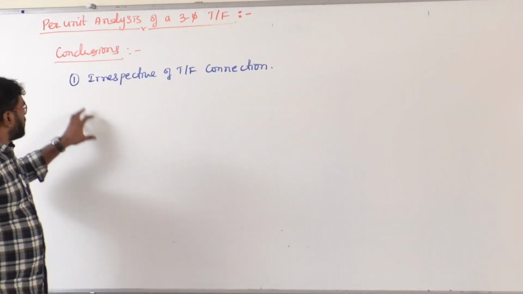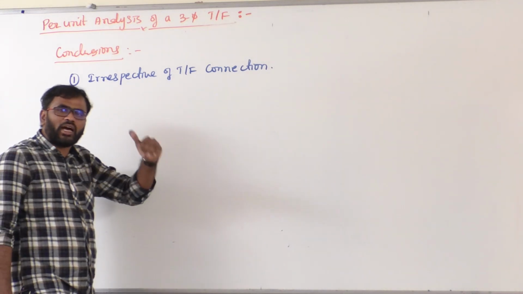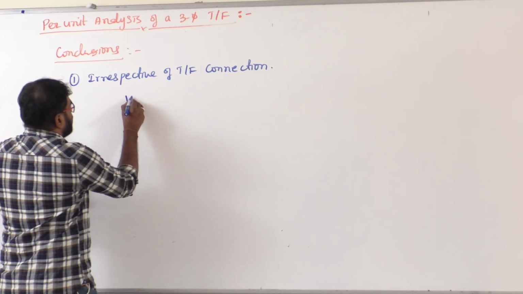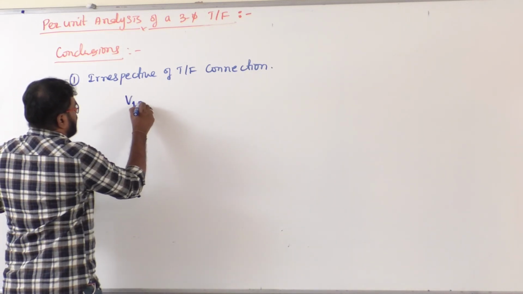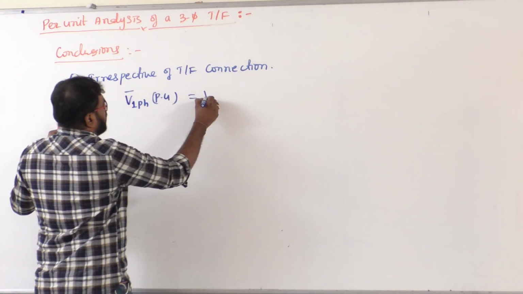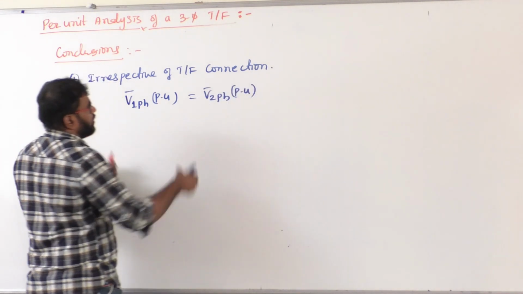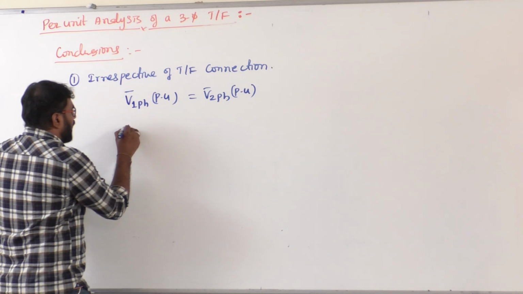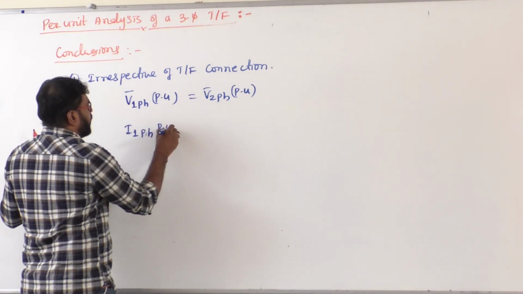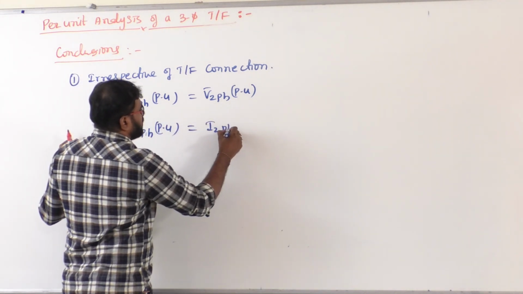Coming to the conclusions, irrespective of transformer connection, be it star star, star delta, delta star or delta delta, what I can write is V1 phase in per unit equals V2 phase in per unit. Clear? And I1 phase per unit equals I2 phase in per unit.